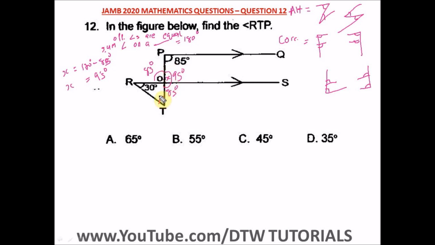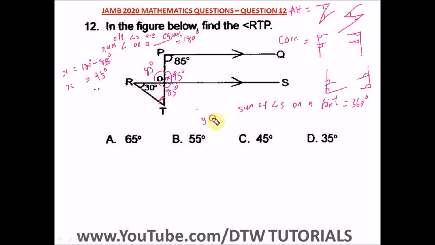So we have found angles here, here, here. So we have to find angles here. To find angles here, we must find the angle here. So it is angles about a point. So remember, the sum of angles at a point is equal to 360 degrees. Let's call this y.